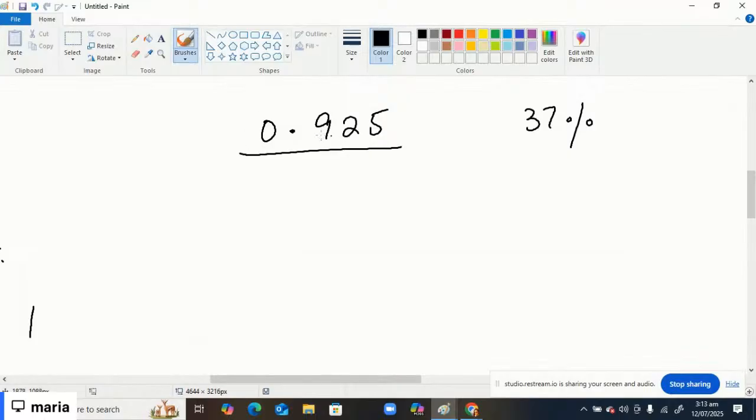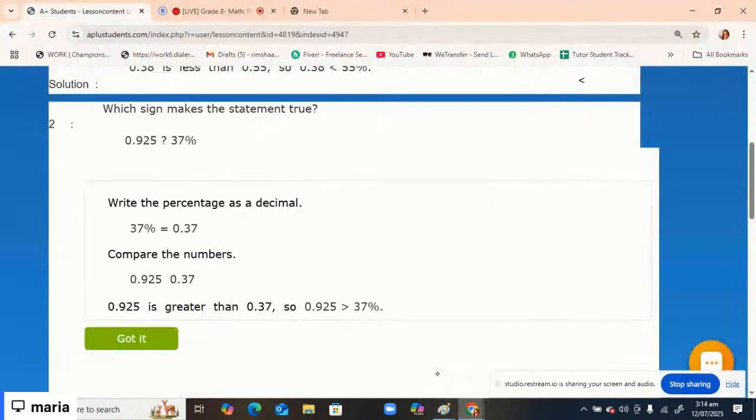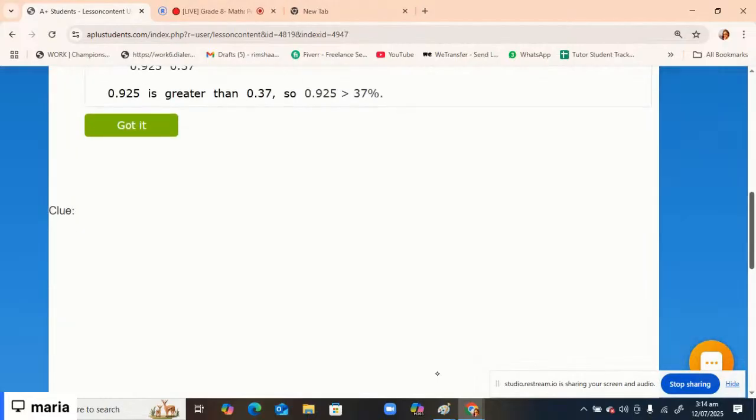Let me just solve the other one, not this one. 37 over 100. So what it becomes? 0.37. So tell me, is 0.925 greater or 0.37 greater? 0.925. So we can say that this is greater as compared to the other.